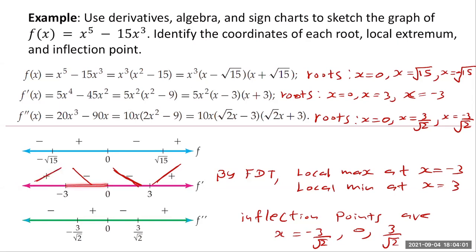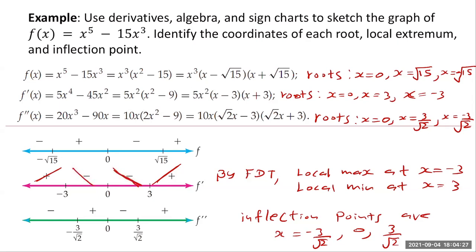To the right of -3 in this interval, your f prime is negative. So by the first derivative test, you have a local maximum. Clearly here again, by the first derivative test, you have a local minimum at x equals 3. At x equals 0, we don't have a local extremum because the derivative on both sides is negative.